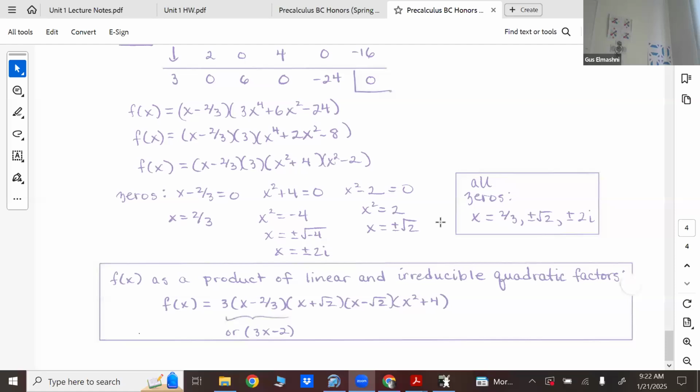I don't understand why this is broken down. I guess it's irreducible if you have imaginary zeros, but if you have irrational zeros, I just divided and had the remainder from this.